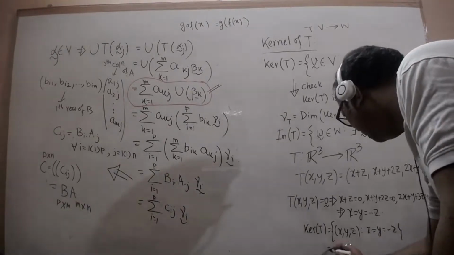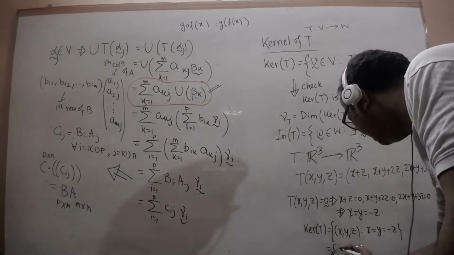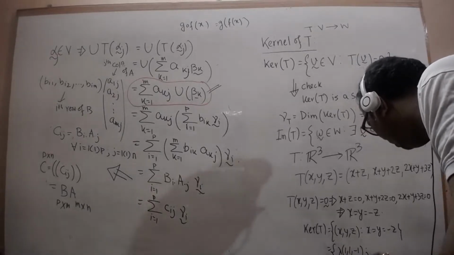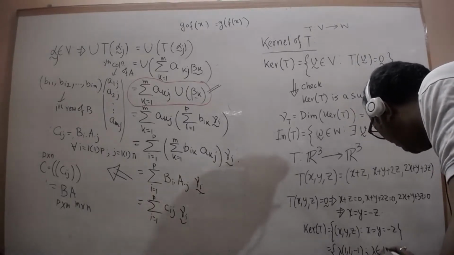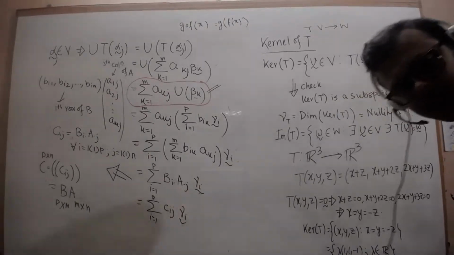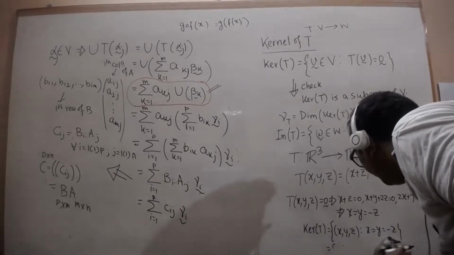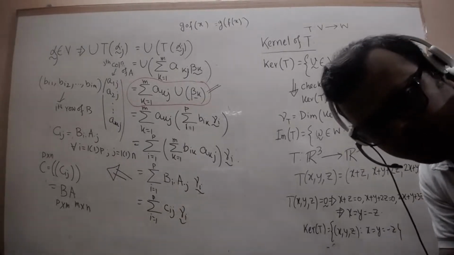So another representation is lambda times (1, 1, minus 1), where lambda belongs to R. Sorry, I erased this line, this thing is not visible.